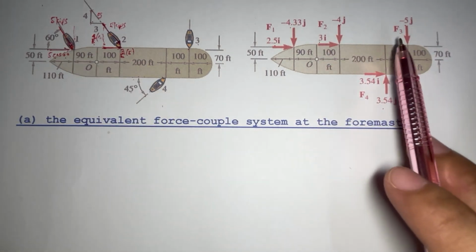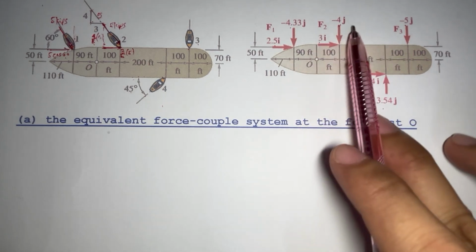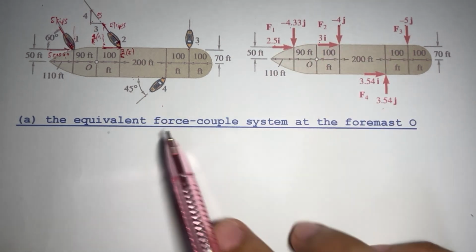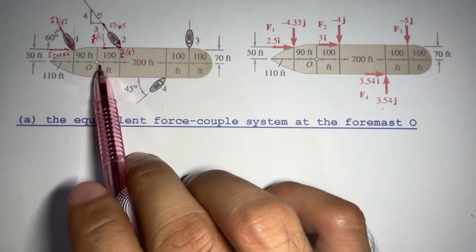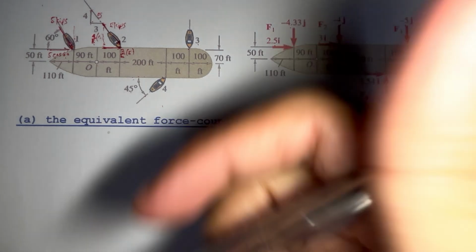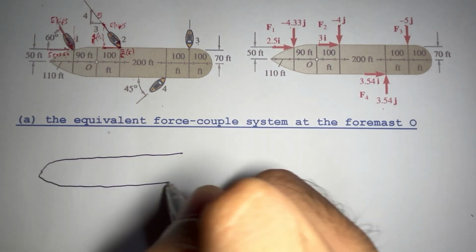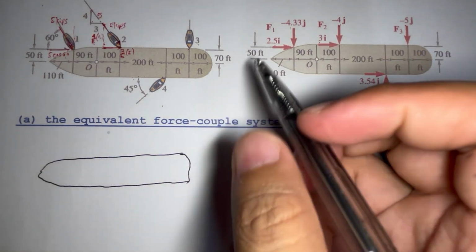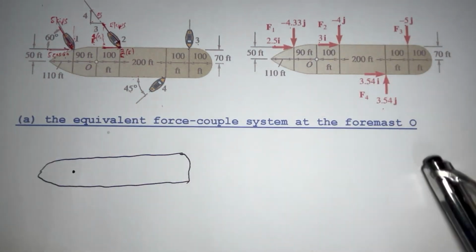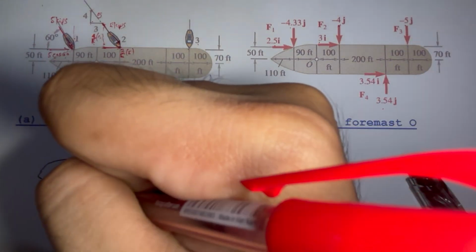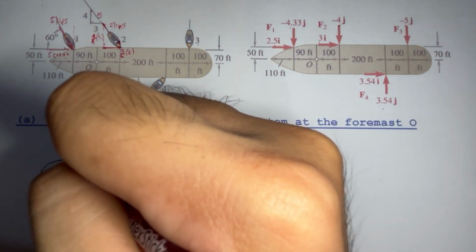So we are asked here to create an equivalent force couple system wherein we replace all the forces by an equivalent force couple system that would be applied at point O. So if we try to redraw our ocean liner here, the point where we apply our equivalent force couple is at point O here. So we have here a force, assuming that it's directed towards the direction, and a couple.